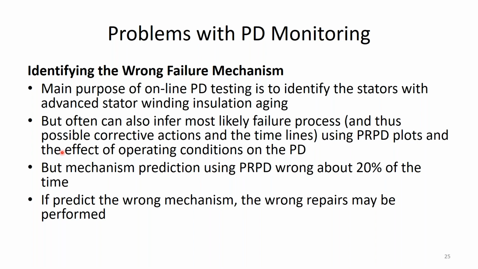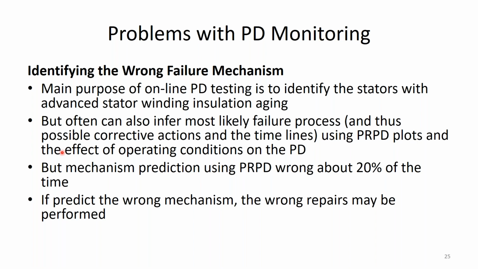These things can sometimes help us identify the mechanisms, especially in other assets like transformers or GIS and cables, where there are relatively few PD sources and usually only one or two acting at any one time.